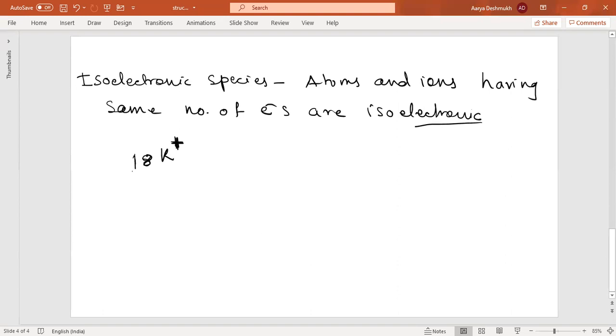So instead of 19, it would be now 18 because there is one positive charge here. So this is isoelectronic with argon, which has got atomic number 18, or it is also isoelectronic with calcium with atomic number now 18.